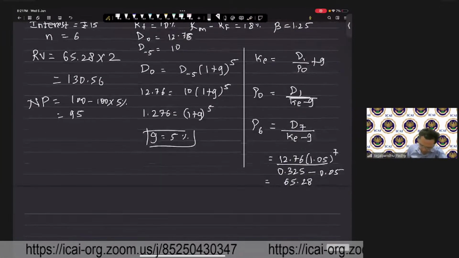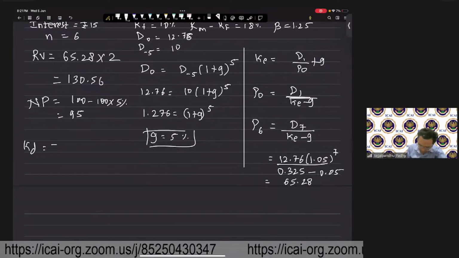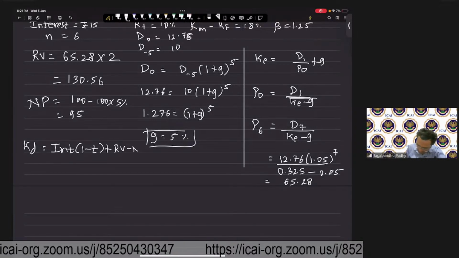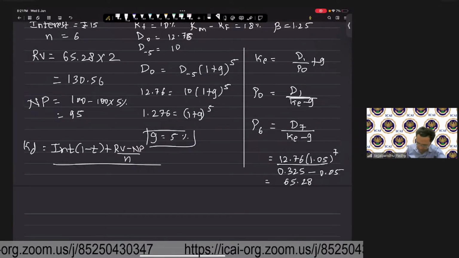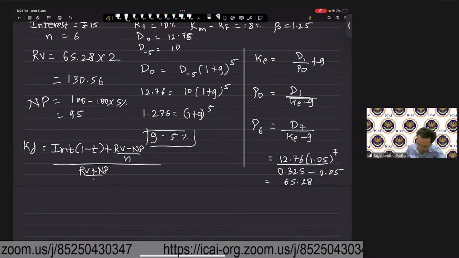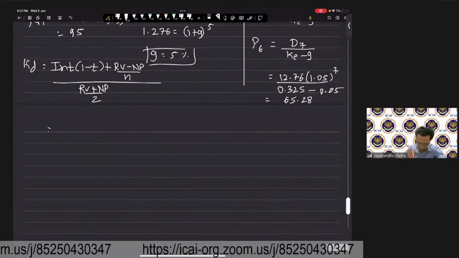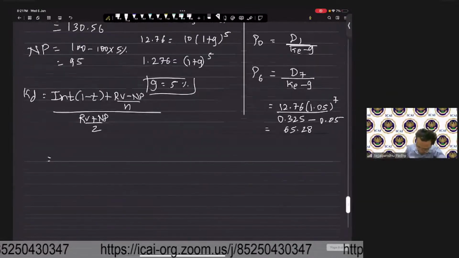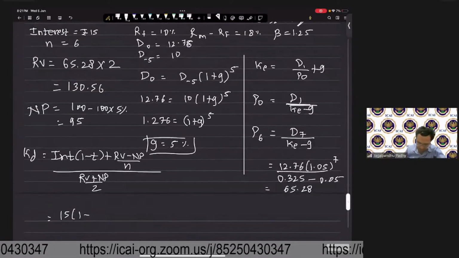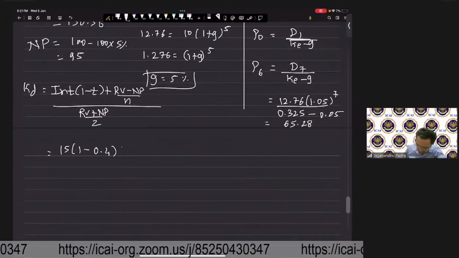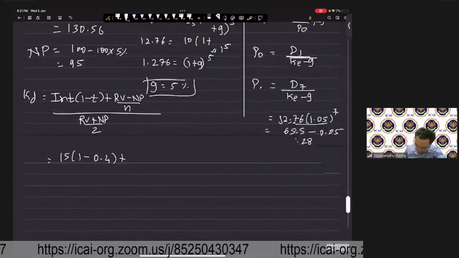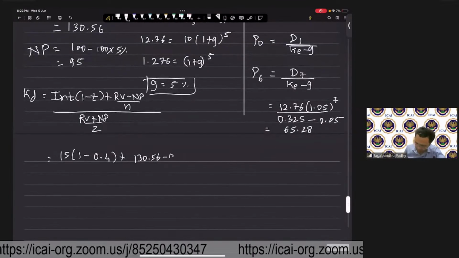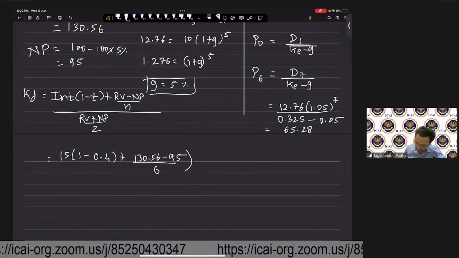Now we are in a good position to compute the cost of debt, and that too using approximation. We can apply the approximation method formula. Cost of debt equals interest into 1 minus t plus redemption value minus net proceeds upon n, the whole divided by redemption value plus net proceeds by 2. That's equal to interest into 1 minus tax rate of 0.4 plus redemption value of 130.56 minus net proceeds of 95 divided by 6.